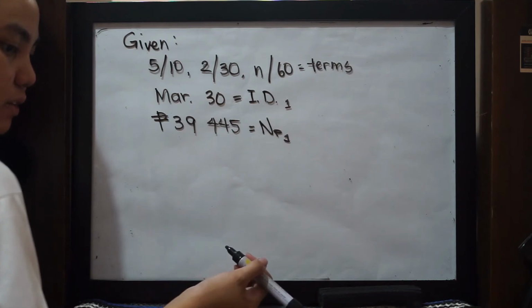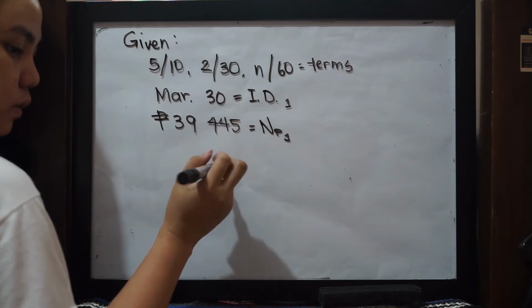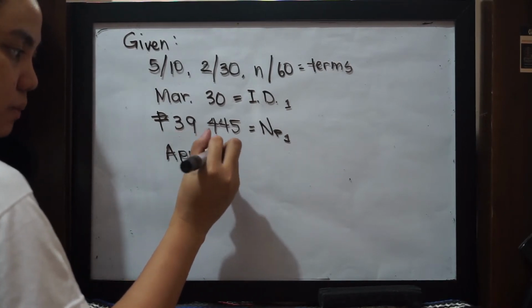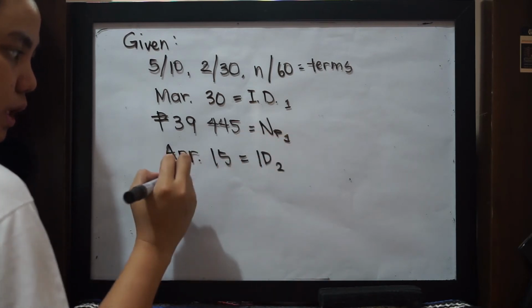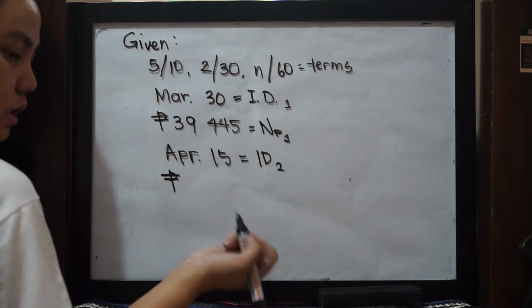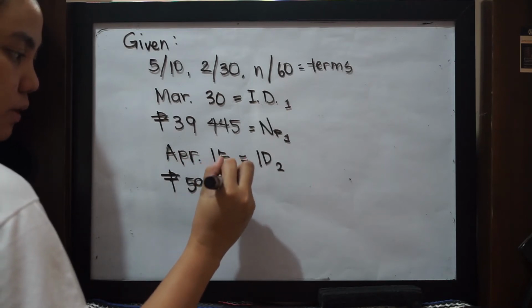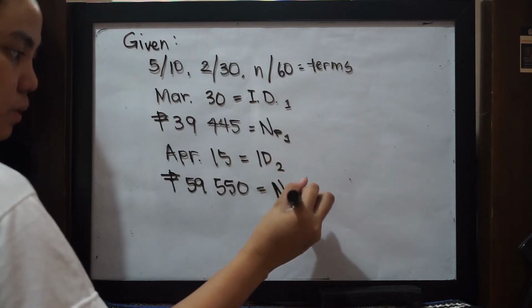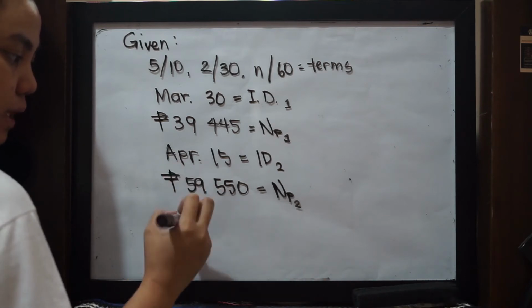Next, let's have the invoice number 2. The invoice date for invoice number 2 is April 15. This is ID sub 2. And then, the amount is 59,550. This is the net price sub 2, or the net price for the second invoice.